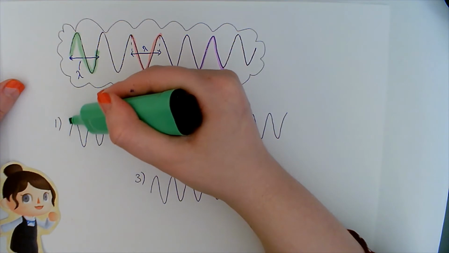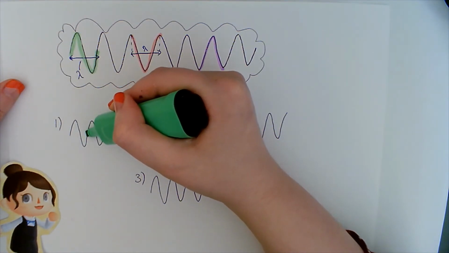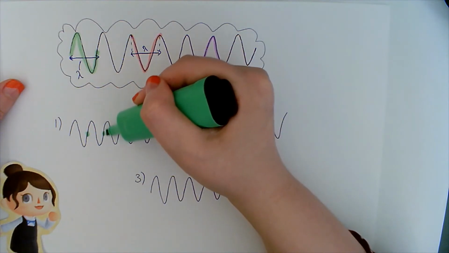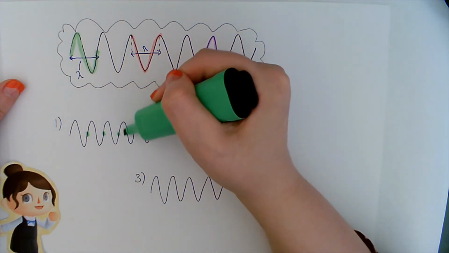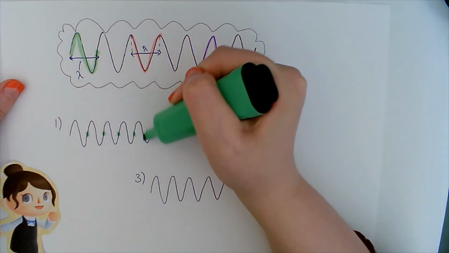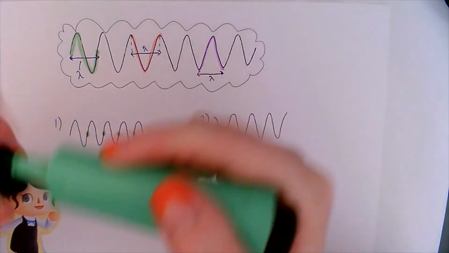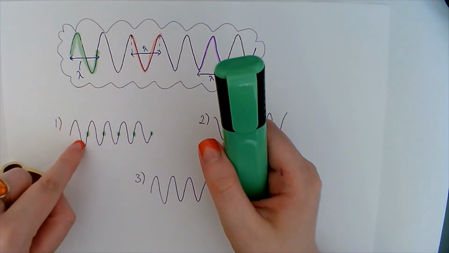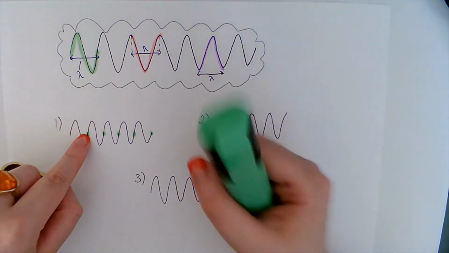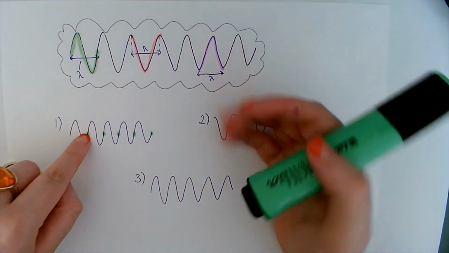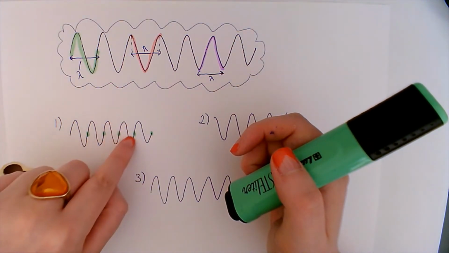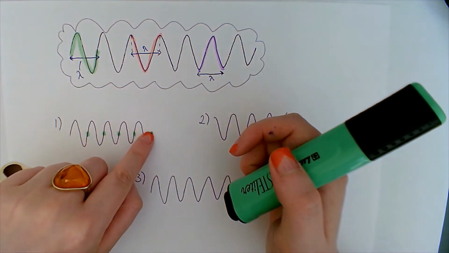So I've got one wave, 2, 3, 4, 5. So let's count that again. I'm starting at the midpoint. I'm going all the way along the wave until I reach the same part of the next wave. This wave is starting again. Second, third, fourth, fifth.